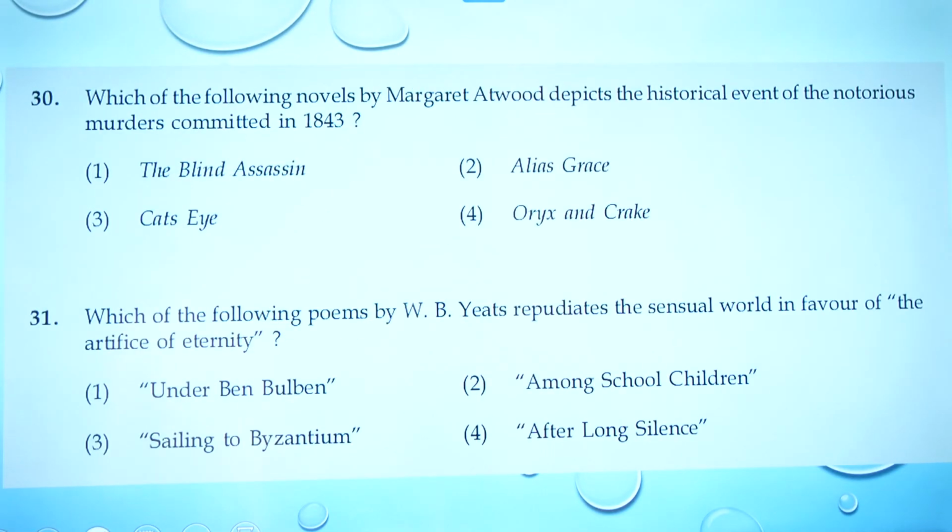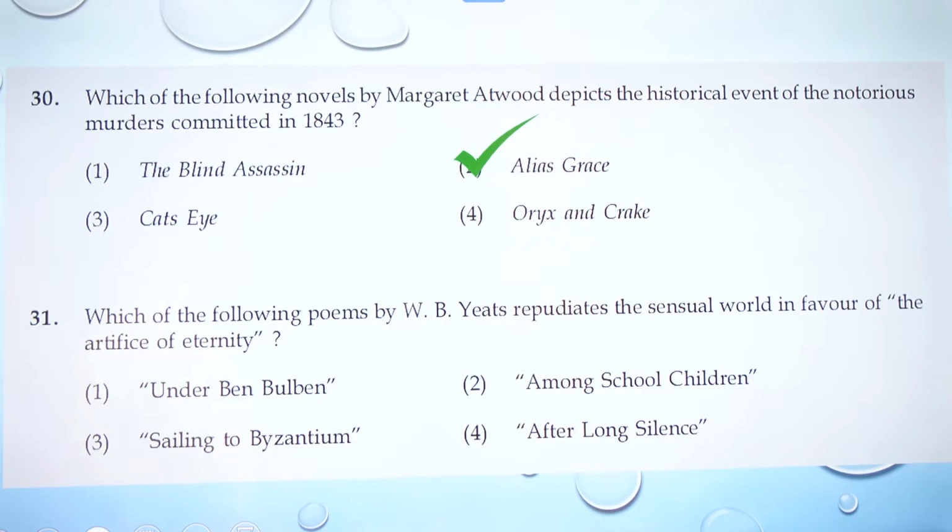Question number 30. Which of the following novels by Margaret Atwood depicts the historical event of the notorious murders committed in 1843? Number 1, The Blind Assassin, number 2, Alias Grace, number 3, Cat's Eye, number 4, Oryx and Crake. And the correct option is number 2, Alias Grace. 31.